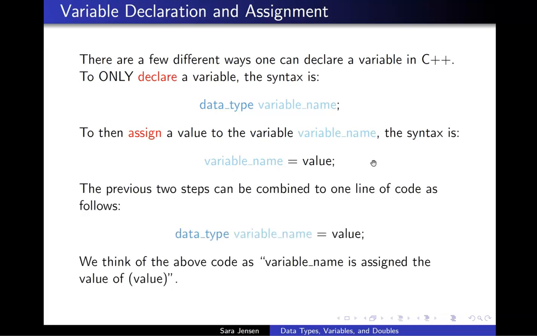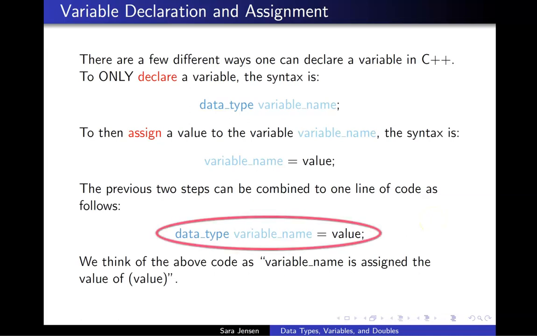While the syntax I just described separates on two different lines of code the declaration of a variable of a particular data type from the assignment of an initial value to that variable name, we can actually combine those two steps into a single line of code with the syntax shown below.